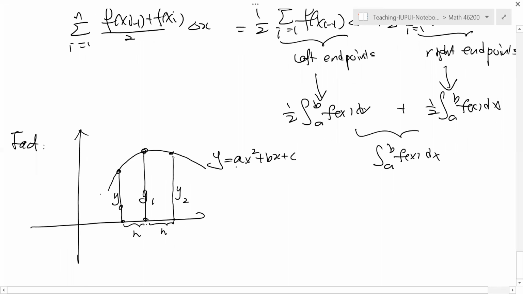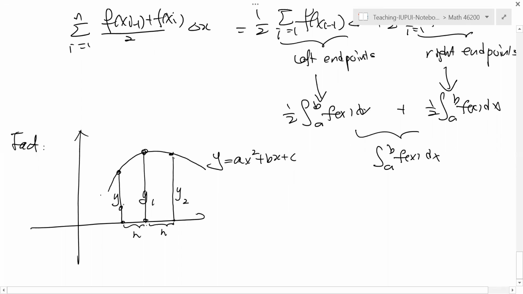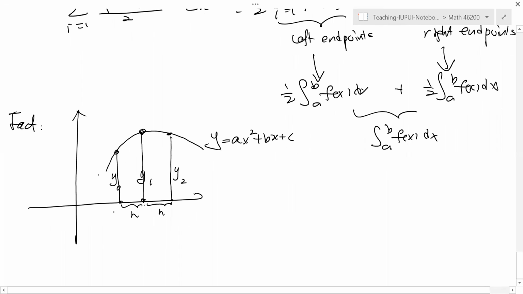Then you can determine a, b, c for given y0, y1, y2, with x0, x1, x2. I'm not going to find the formula for a, b, c. What I'm trying to do is just find the area of that region. The area of that region is going to be h over 3 times (y0 plus 4y1 plus y2).